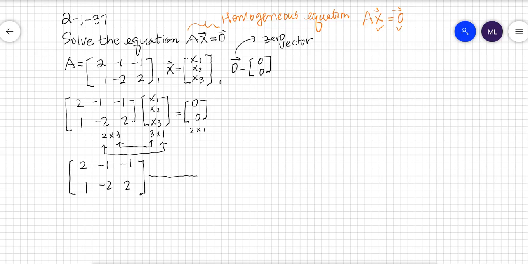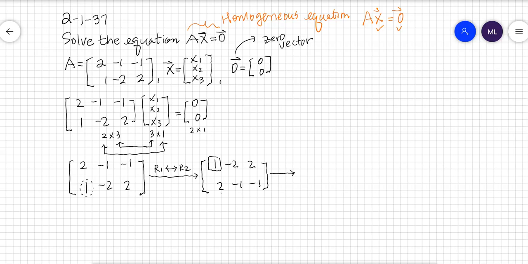And the first elementary operation, I can say R1 interchange with R2 because this is 1. I want this one to be in the first element. So 1, -2, 2, and then 2, -1, and -1. So now I made this a leading entry 1, and I'd like to make that 0.